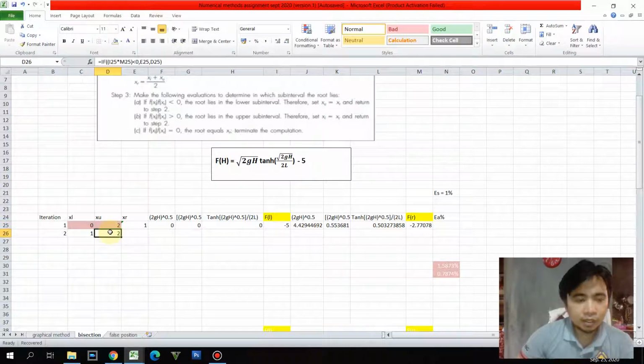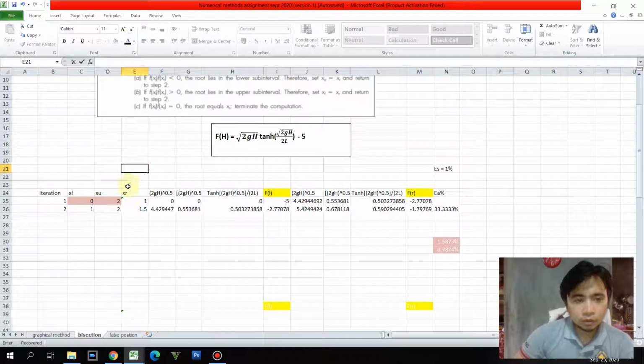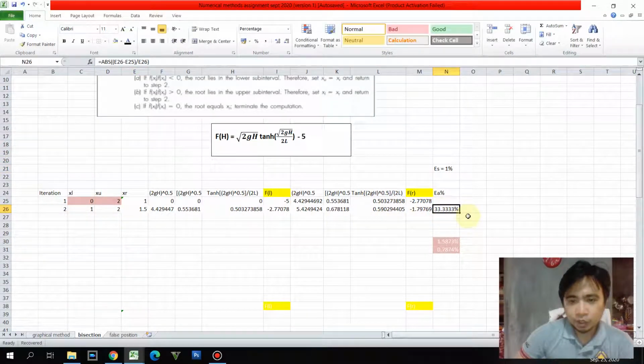So similarly for the upper limit, we are going to test that, but this time the product of FL and FR, if it is less than 0, we are going to adopt xr. Otherwise, we maintain the upper limit. We shall now get the first set of the iteration. We have a 33.33% error for 1% here.